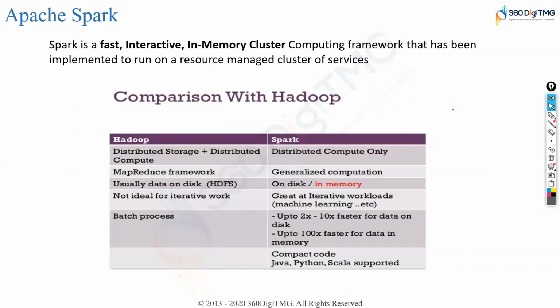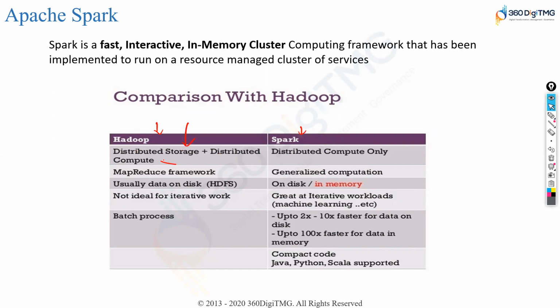Comparison with Hadoop. See, Hadoop basically is a software which has a distributed framework. Spark also is said to have a distributed framework. That's the reason why we are comparing these two. In Hadoop, we have two components. One is with respect to storage.